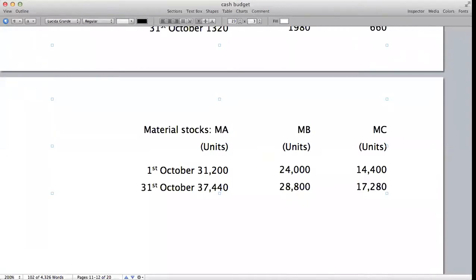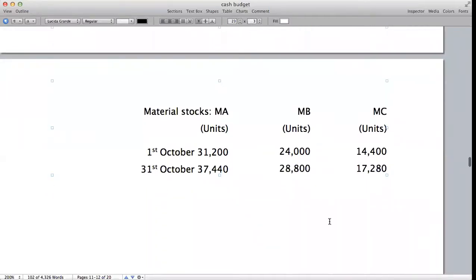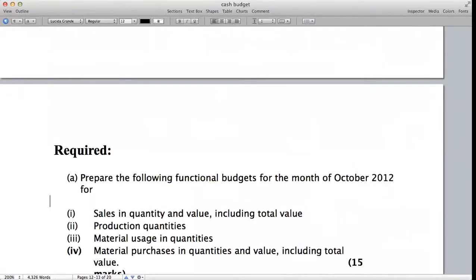Good. Okay, so let's go straight to the requirement. For those of you who have the notes with you, it's question 7. Prepare the following functional budgets for the month of October.